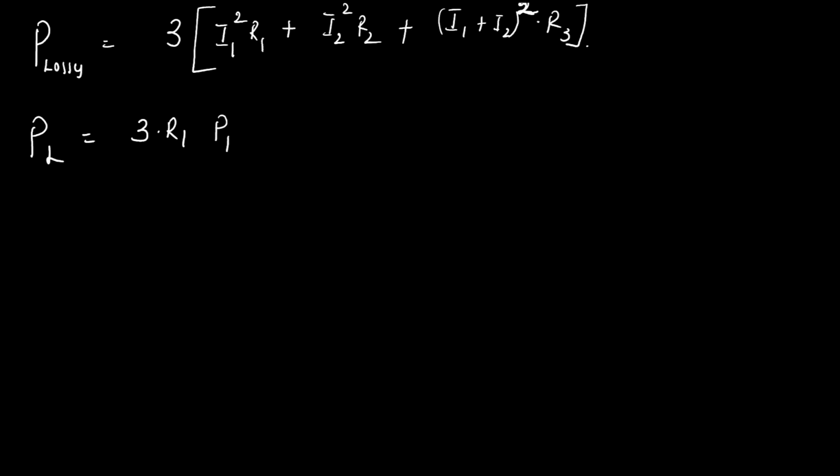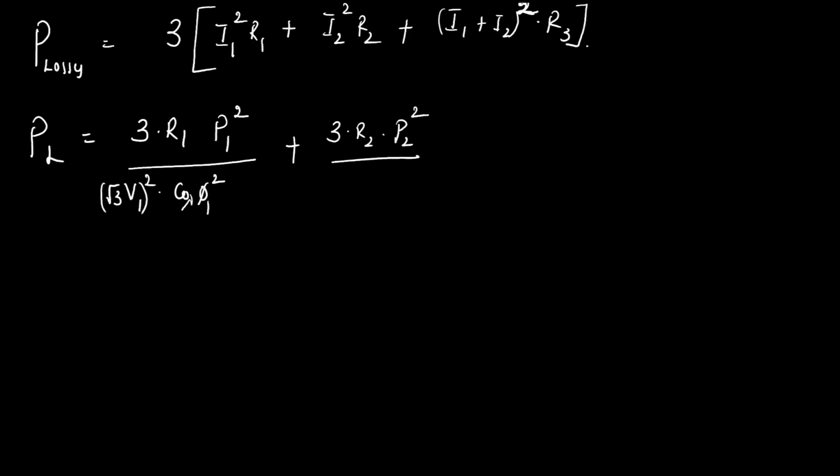P1 square divided by root 3 V1 whole square into cos square phi 1, plus 3 into R2 into P2 square divided by root 3 V2 whole square into cos square phi 2.